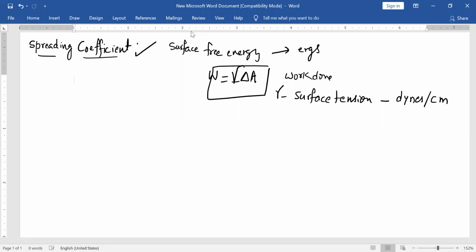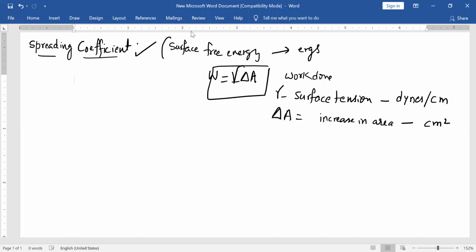Then next is delta A. Delta A is the increase in area, and its unit is centimeter square. So surface tension can be defined as the surface free energy change per unit area.